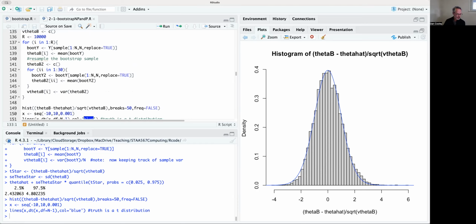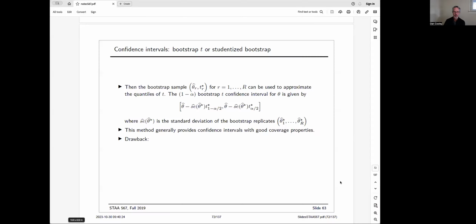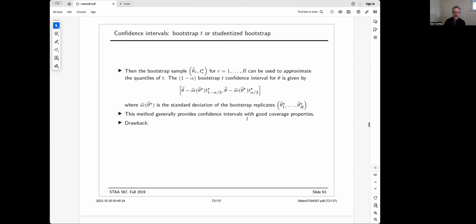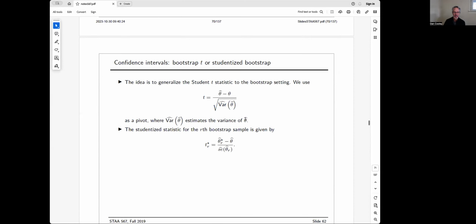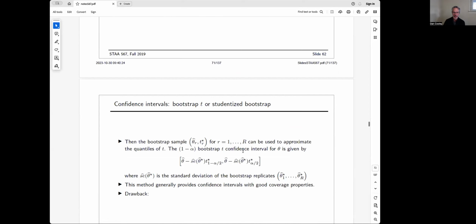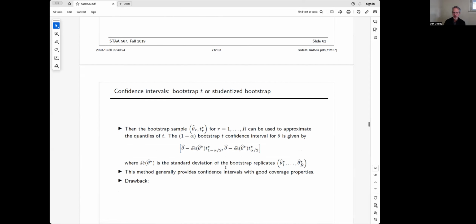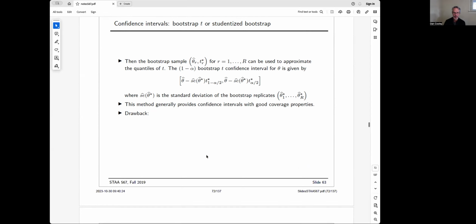So let me just return to the notes. Okay, so again, thinking about that t distribution, we created repeated draws from this, and then we created our confidence interval this way, and so that's accounting for the standard error.